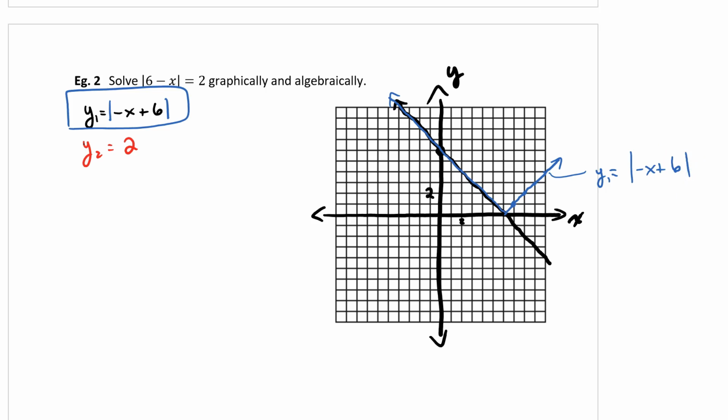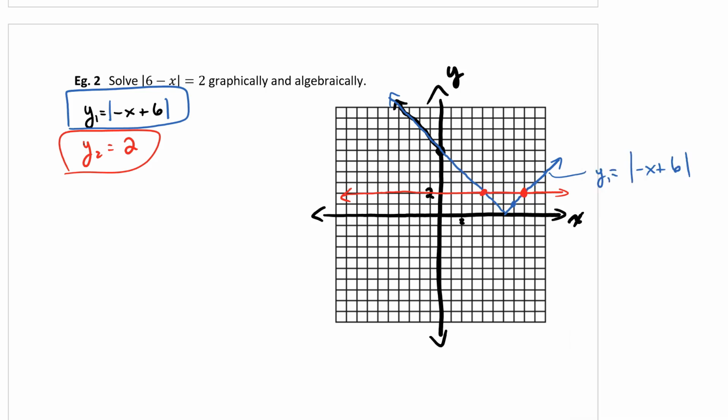Now what I will do is I will simply erase this line because that was just a helper line to begin with. Now I'm going to switch to red. I'm going to graph y equals 2, which is just this horizontal line right here. Lucky for us, they connect at exact places, so here and here.